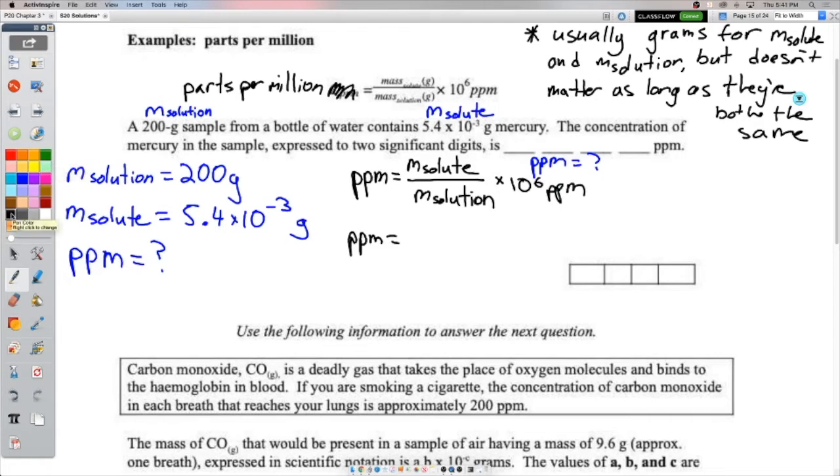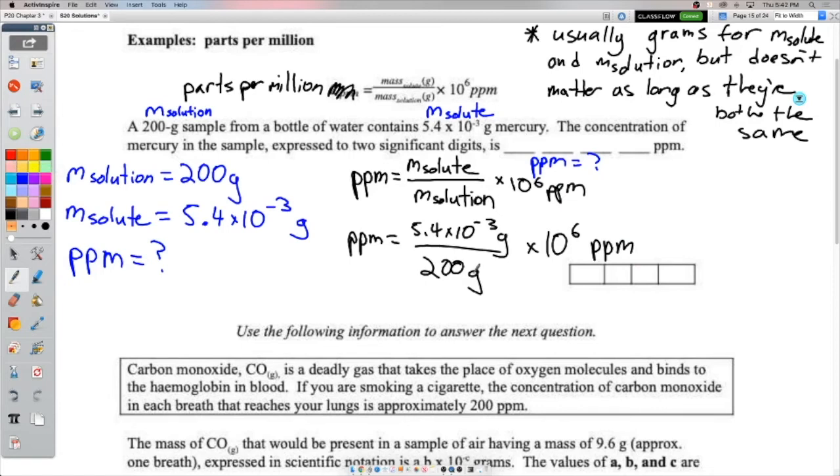Our lucky day. ppm equals 5.4 times 10 to the minus 3 grams over the mass of solution, 200 grams, times a million, or 10 to the 6. These are the same unit, so I'm okay here.